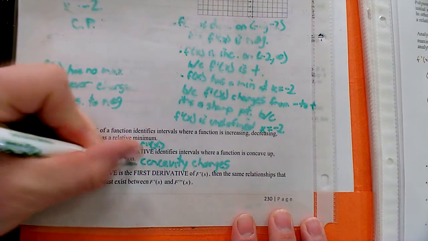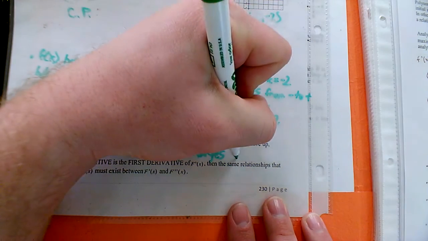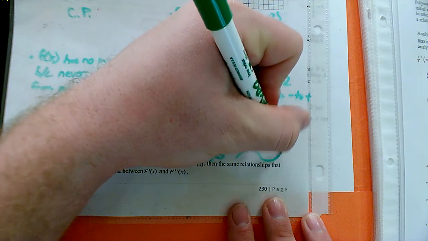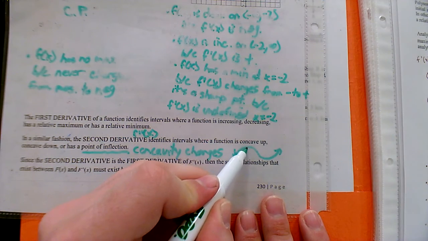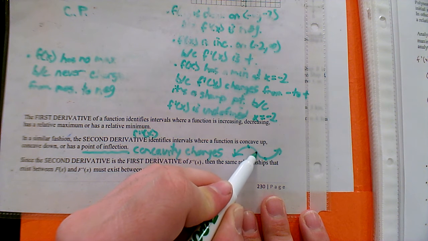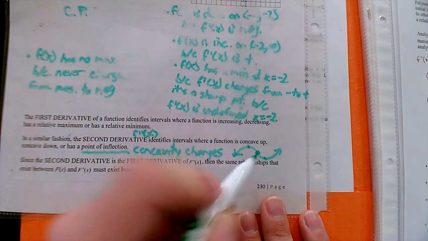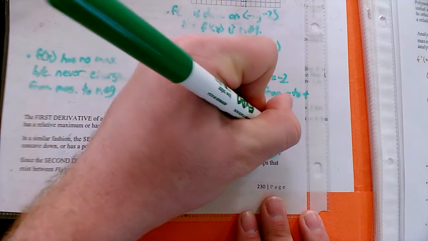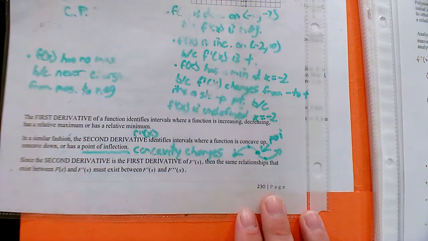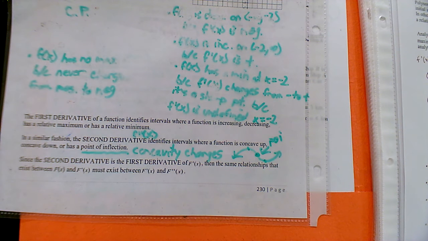That's the point of inflection. So on a graph, you're coming from a max, going down towards a min, and at that point where it changes from concave down to concave up, that would be your point of inflection. Your POI, point of inflection, between that max and min.